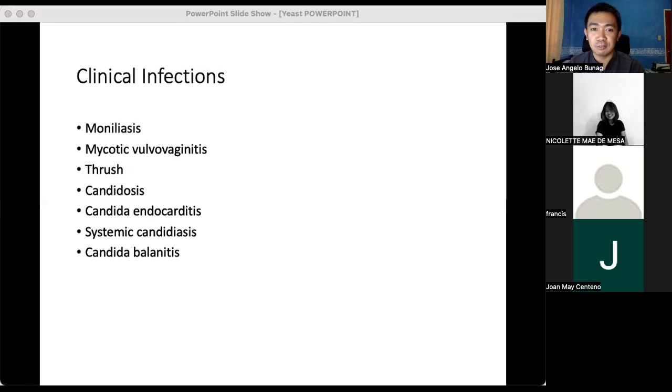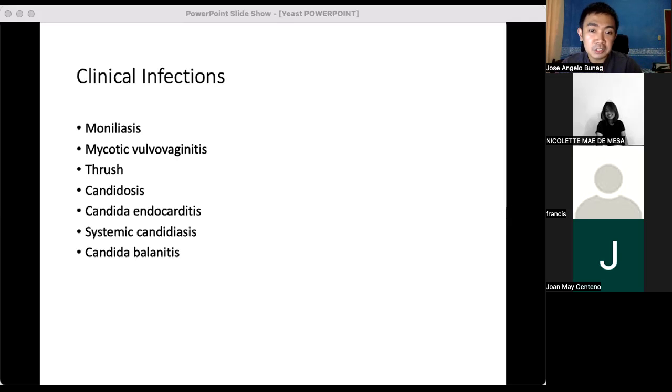Under this, we have your yeast. They just cause disease in persons who have altered host defense mechanism. For instance, sa mga immunocompromised patient natin. So under this, we have your patients that are positive with AIDS and those patients that are undergoing chemotherapy.